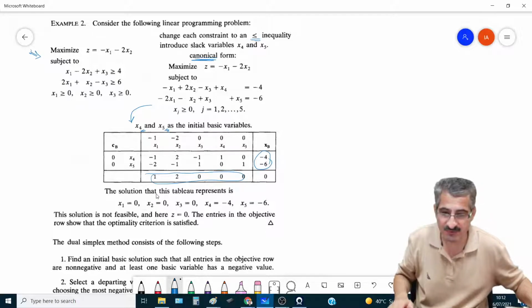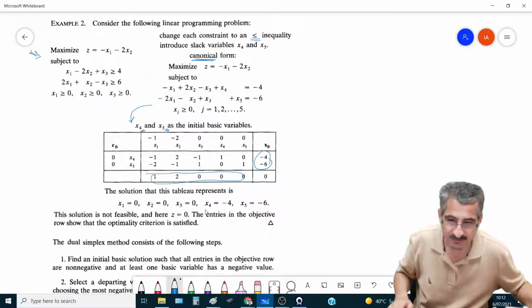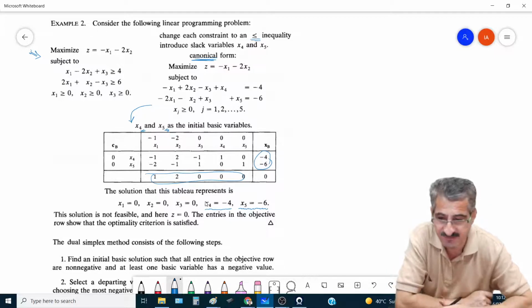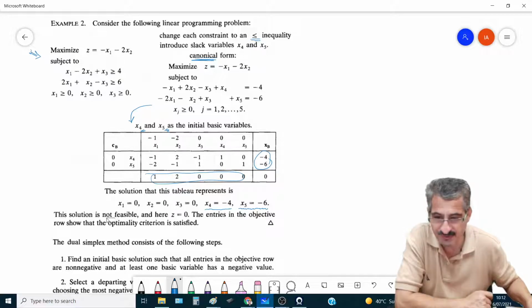Okay, so the solution from this table will give us the following: x4 is negative 4, x5 is negative 6. This solution is not feasible. Okay, and the entries in the objective row show that the optimality criterion is satisfied.